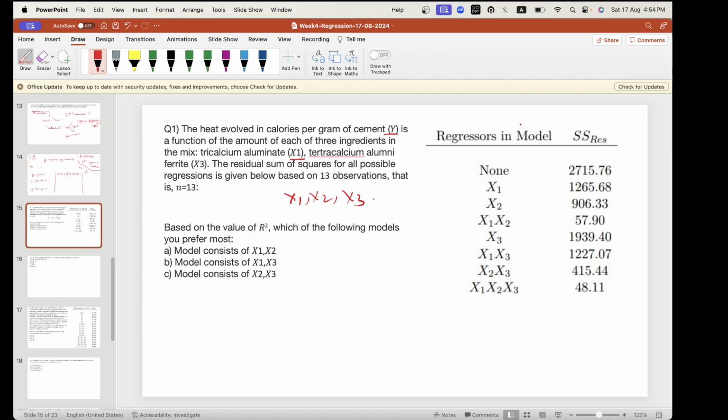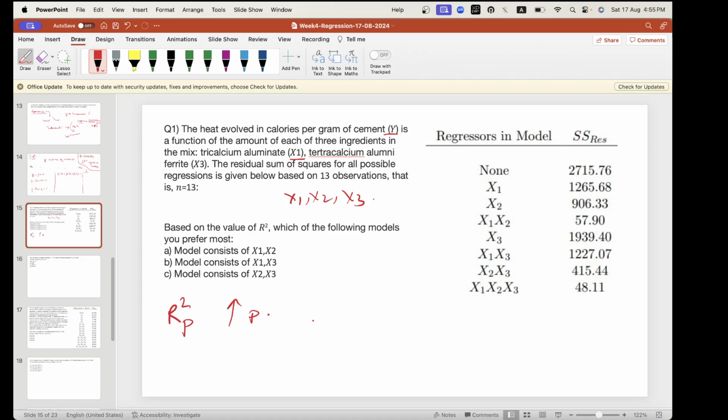Now here, in case of r square, one thing is r square p increases with p.